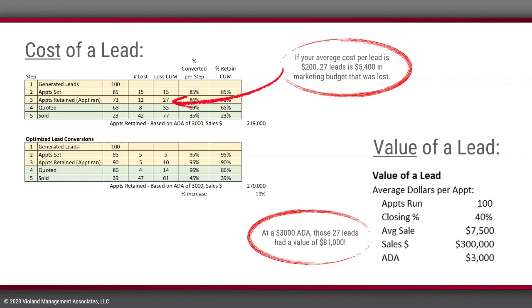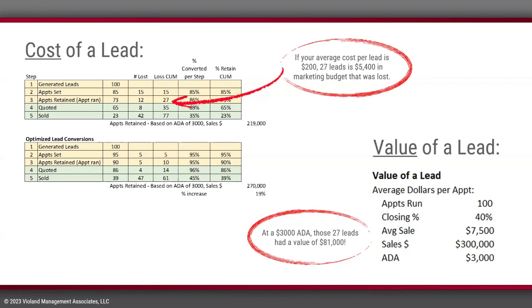The reason we want to calculate this is because we want to know the value of that appointment, the value of getting a salesman in front of these leads. This is the value of the lead. It's their potential. So when we talk about the value of these leads, it's a lot more than $5,400.